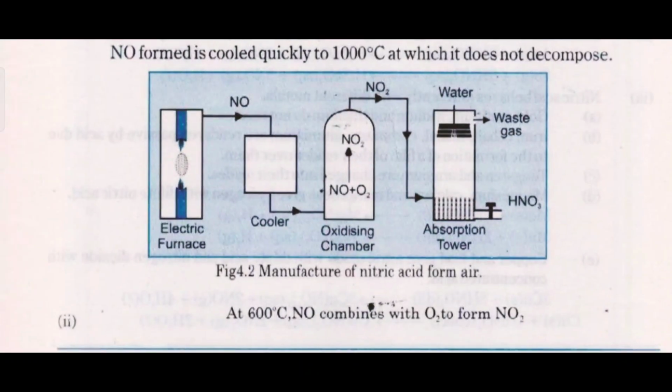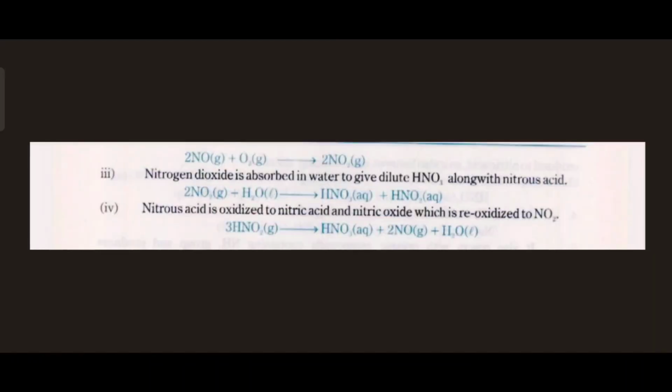And in the absorption tower, the NO2 is absorbed in water to form nitric acid and nitrous acid, respectively. In the last step, the nitrous acid is converted into nitric acid, which is reoxidized and converted to NO2, and this process is a cyclic process.